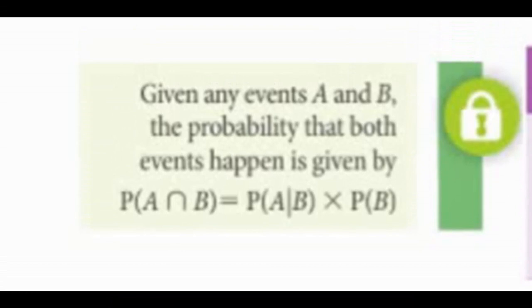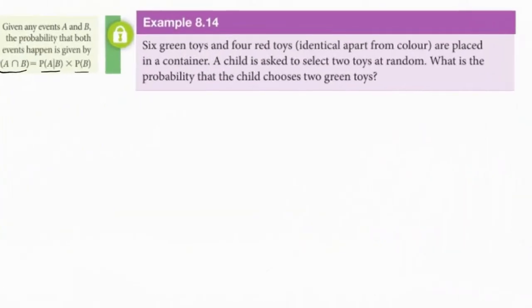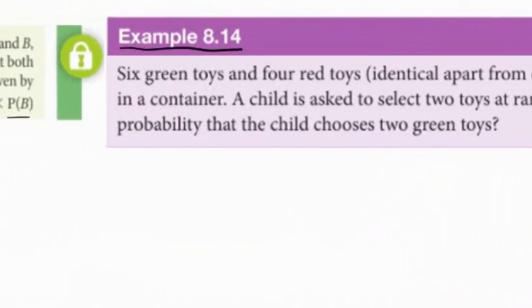Given any events A and B, the probability that both events happen is given by P of A intersection B, which is equal to the probability of A given B times the probability of B. So next we're going to focus on example 8.14. It says 6 green toys and 4 red toys, identical apart from color, are placed in a container.